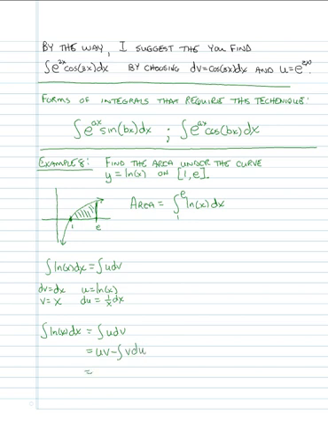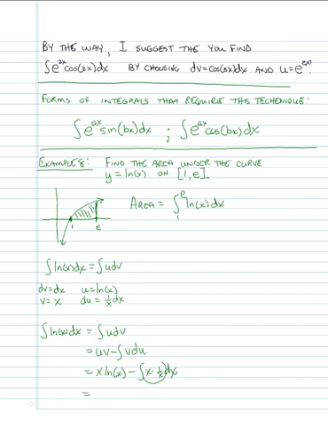And u in this case is, of course, natural log of x, and v is x. So let me write it as v first, and then u. Just looks a little better. Minus the integral of v, which is x, times du, which is 1 over x dx. And we have such a nice simplification here. x times 1 over x is just 1.